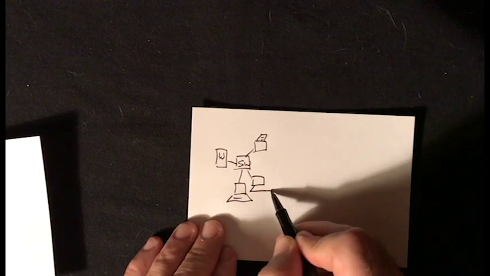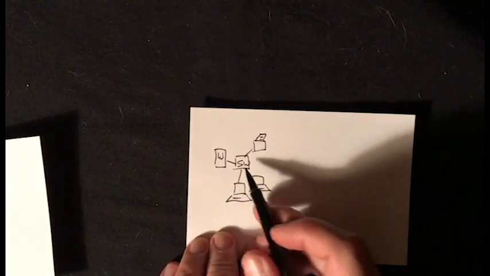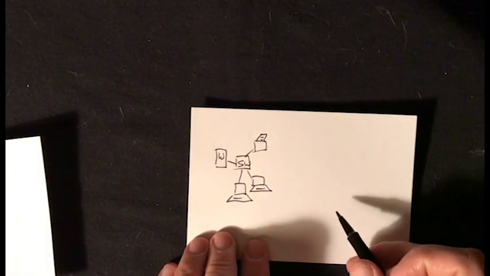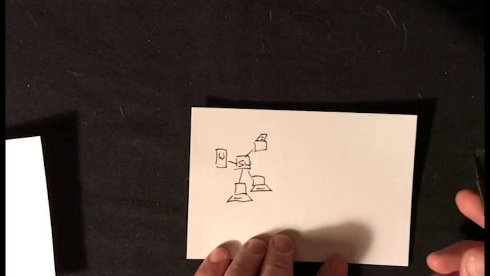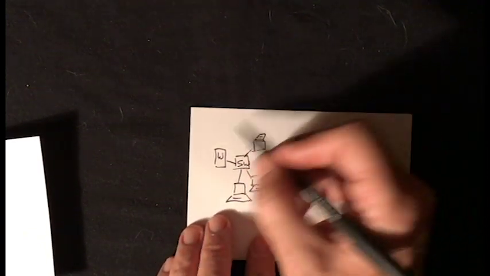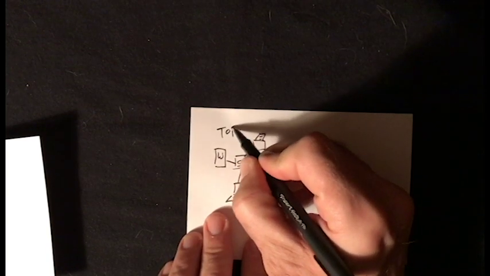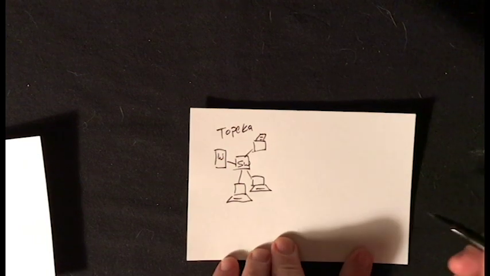They're all happy campers here using the network, and the switch has everything working smoothly, so there's no collisions. We'll call this Topeka, since I'm talking to you from Kansas.